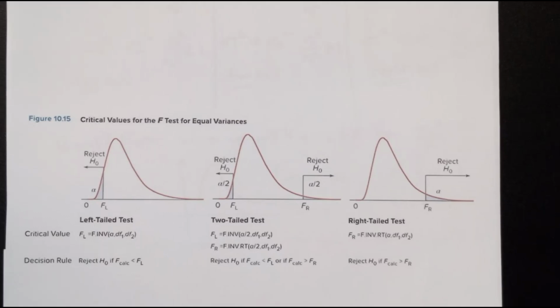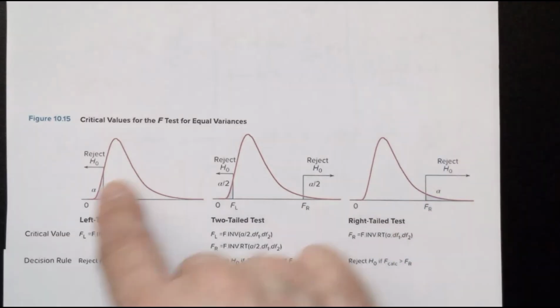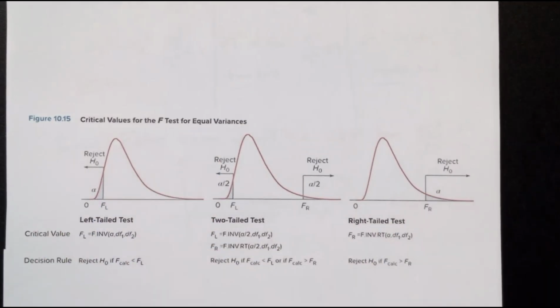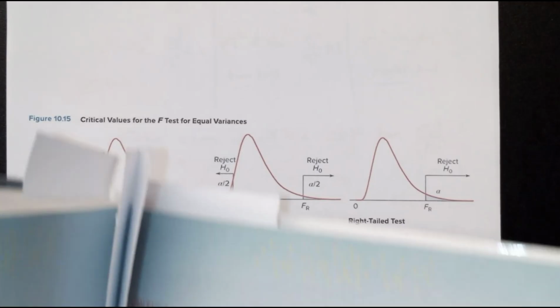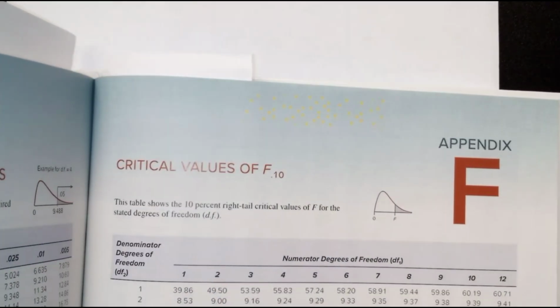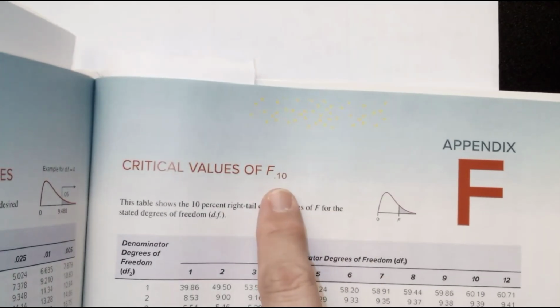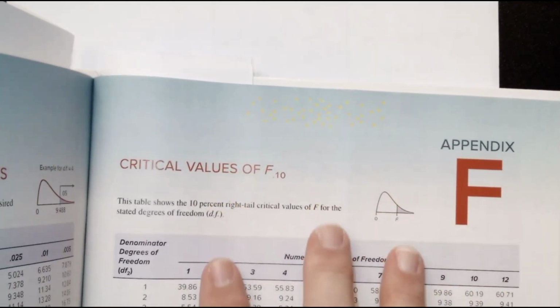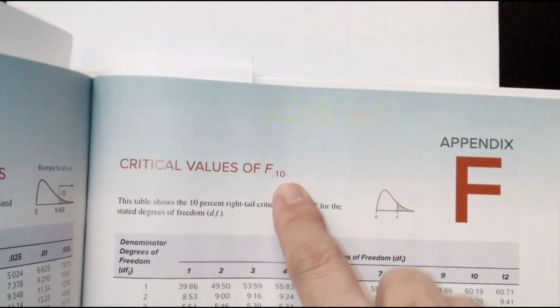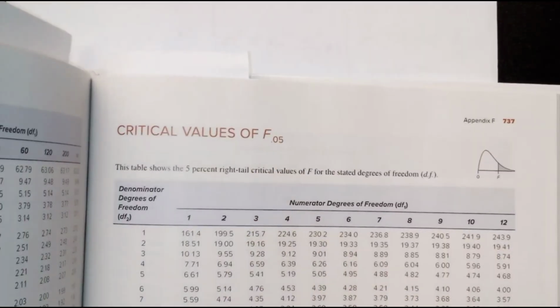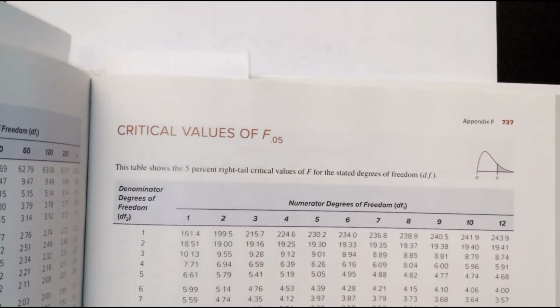I am much happier doing the actual calculation lookup in Excel because this distribution is rather convoluted with 3 different options. There's a table in the back of the book, but I want you to understand that the table for this distribution is going to depend on our alpha value. So there's a whole page for 0.1. There's a separate page for 0.05.